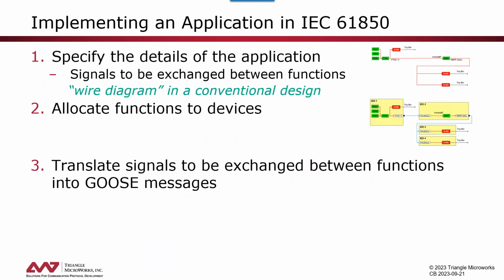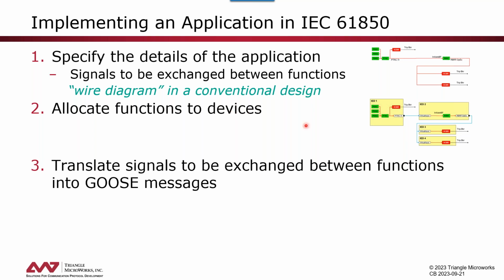So that means when we implement an application in IEC 61850, we first have to specify the details of the application with the signals that we want to exchange between our functional elements. This is similar to a wire diagram in a conventional design.